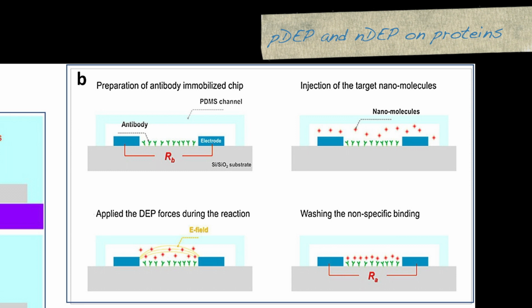Dielectrophoresis has gained much attention in biosensing applications for separation and concentration enhancements of different biological species, with a size range of 100 nanometers to 10 microns. Dielectrophoresis has been widely used for the manipulation of biological particles such as viruses, DNA, and proteins.